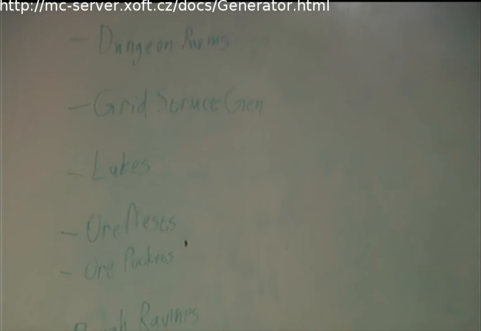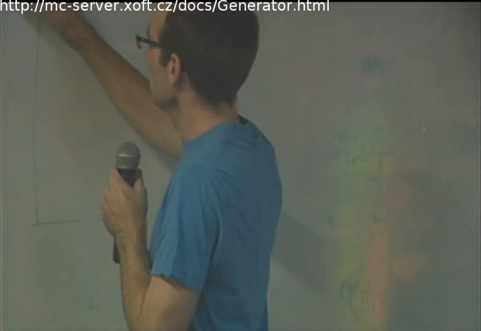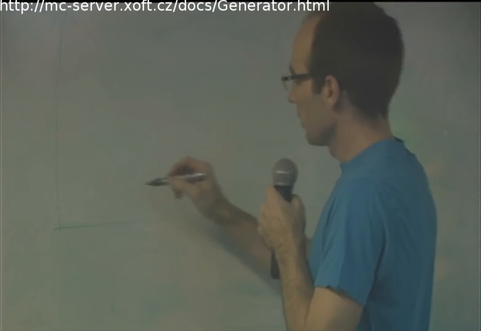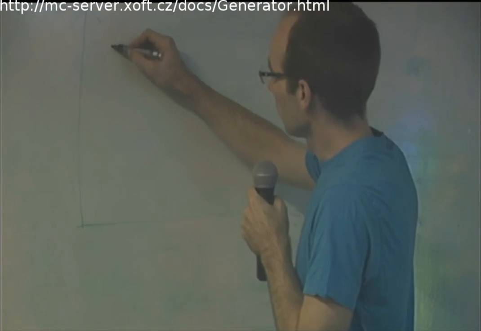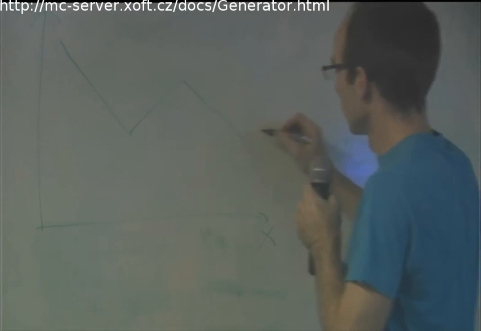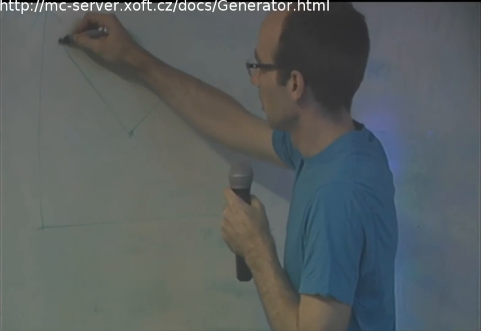Okay, so how do we generate a ravine? We take a top-down view, so this is X, this is Z, and we pick several line segments attached to each other. So we go like this, this, and this. That's the base of our ravine, the base shape.